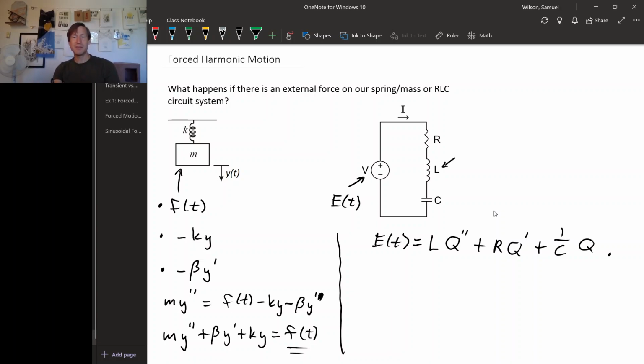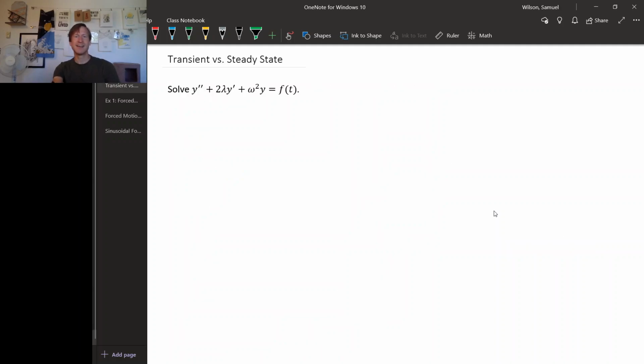Okay, you can see in both of these situations, this external forcing that's happening really just shows up as an inhomogeneous term. So we can analyze both of these situations just by asking ourselves, what happens when we have an inhomogeneous term in our second order constant coefficient linear differential equation? To have a look at that, let's suppose we have such an equation.